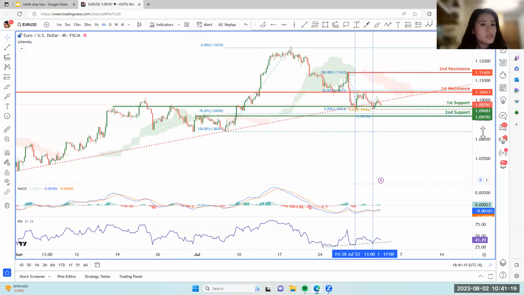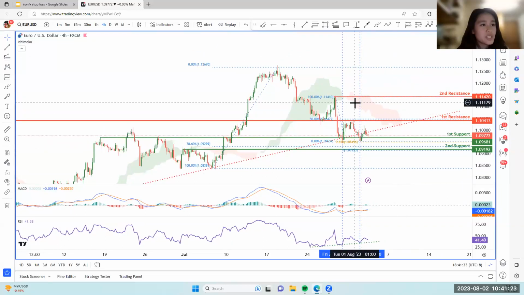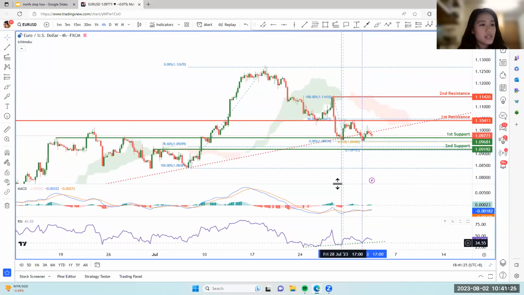If we take a look at our price chart versus our RSI, at the highlighted areas, price has remained at the same level at our first support, whereas on our RSI, it has made a higher high, and in fact, price is moving in this ascending trend line on our RSI.